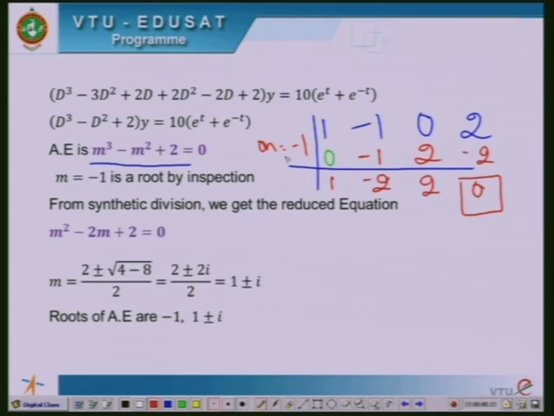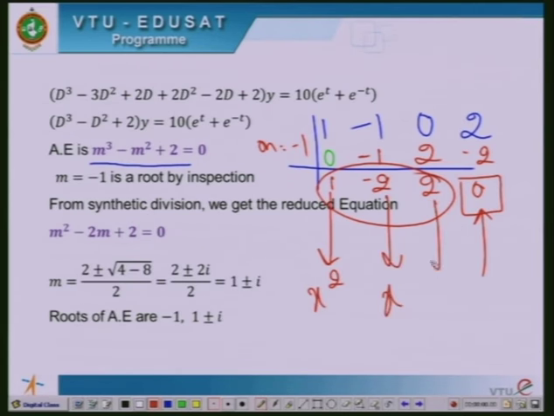So m plus 1 is a factor, and when you divide m cube minus m square plus 2 by m plus 1, you will get remainder 0. Now the new depressed equation, that is reduced equation, contains these terms as coefficients: 1, minus 2, and the constant as it is, which I have written here.